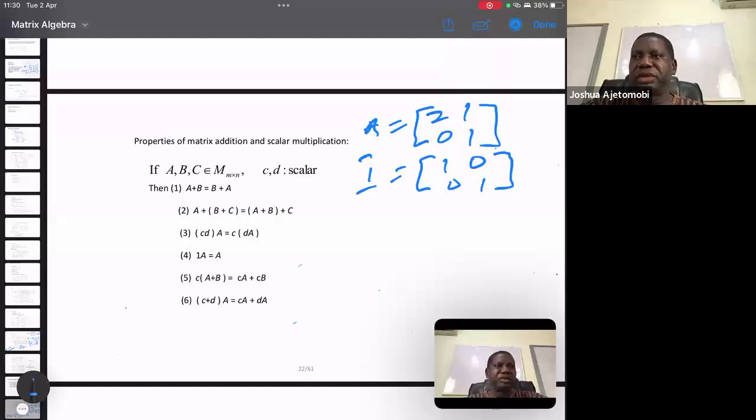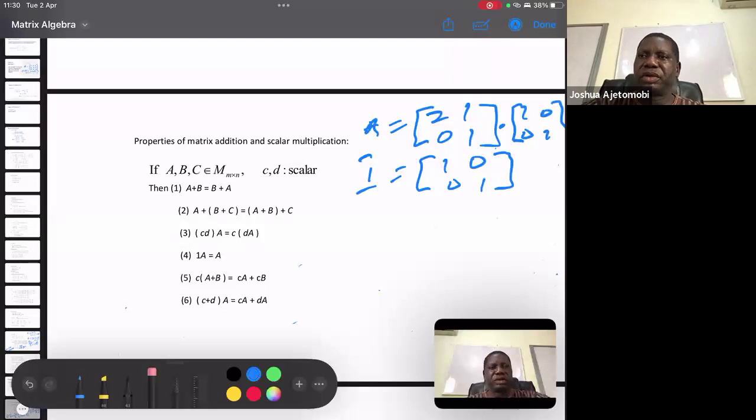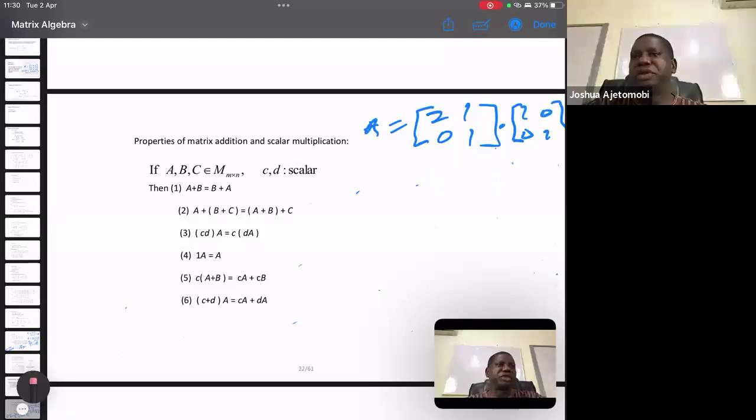So let us multiply. So the product will give us.